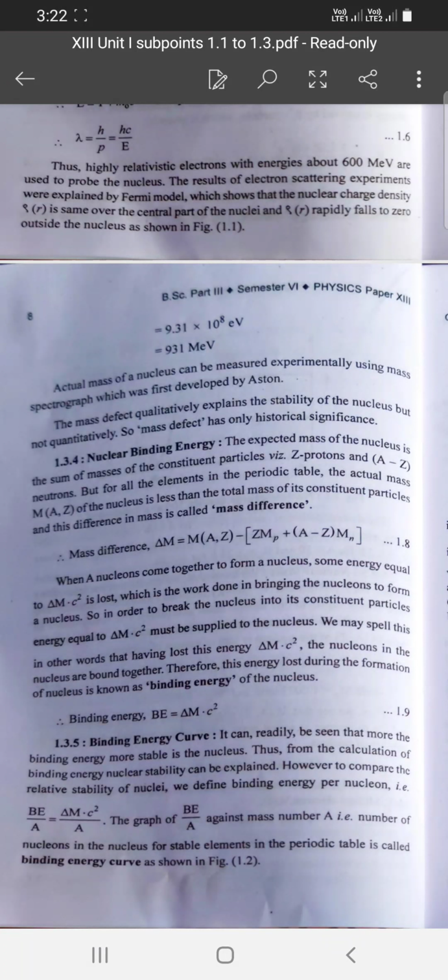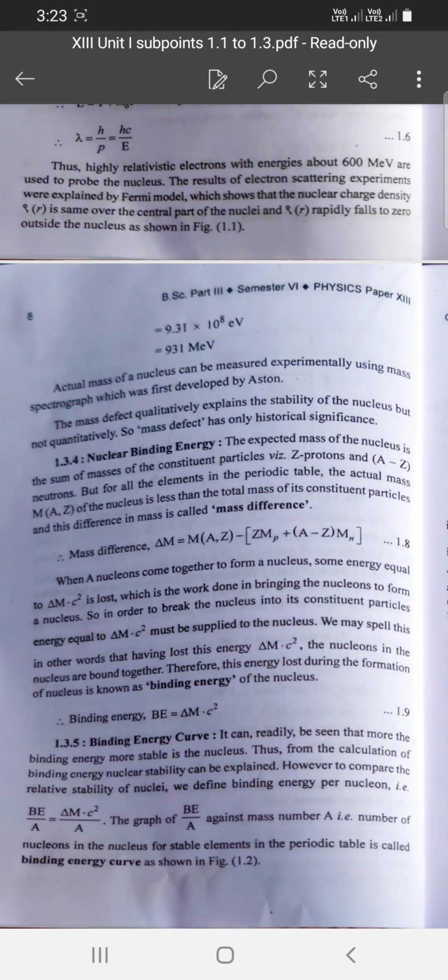For all the elements in the periodic table, the actual mass of the nucleus is less than the total mass of its constituent particles, and the difference is called the mass difference, expressed by equation number 8. When A nucleons come together to form a nucleus, some energy equal to delta mc square is released, which is the work done in bringing nucleons together to form a nucleus.